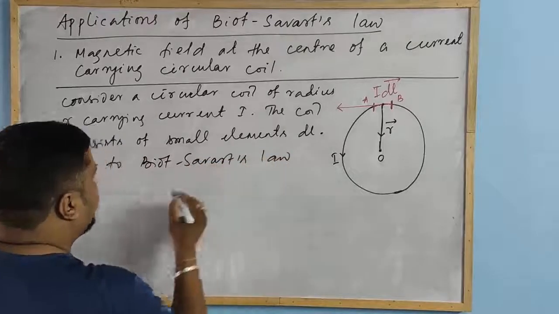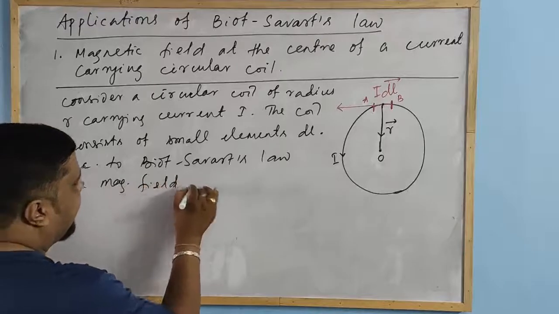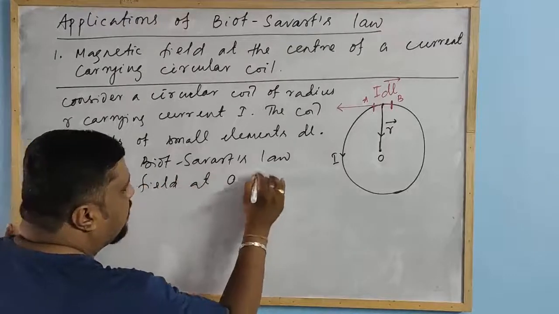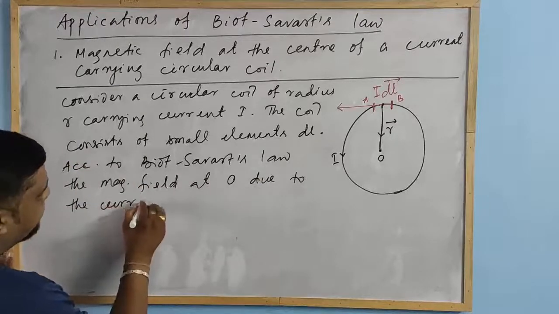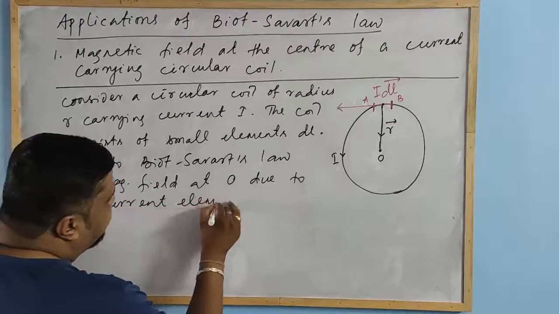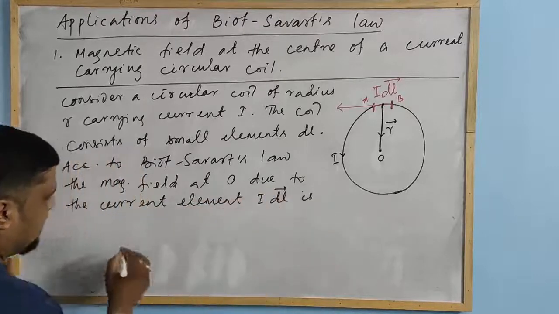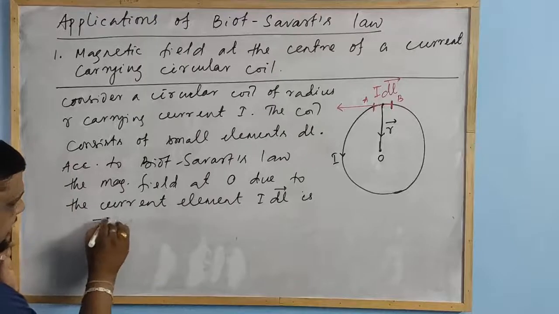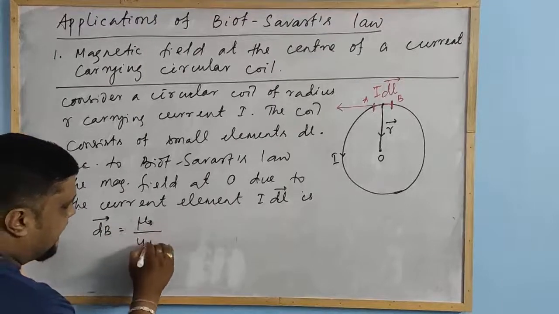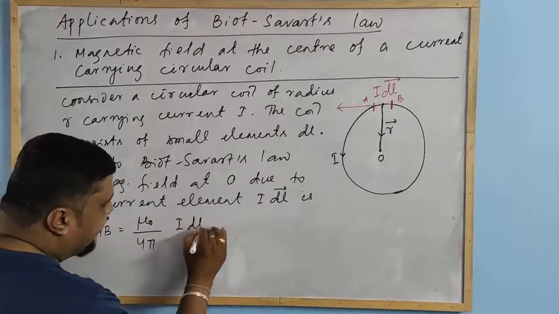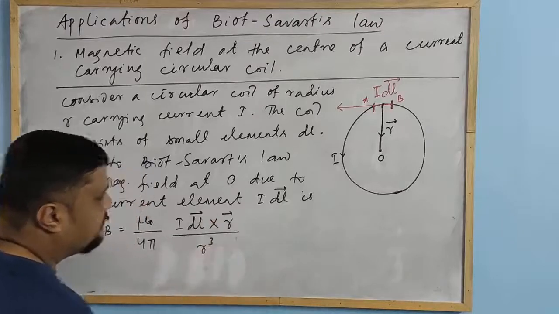The magnetic field at O due to the current element I dl is dB, in vector form, dB equals mu naught by 4 pi, I dl cross r, divided by r cube.